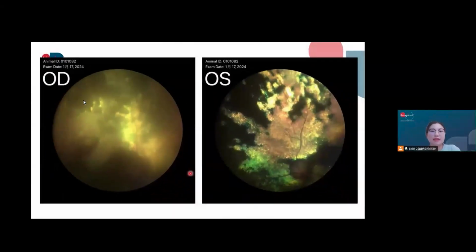We also did the fundus examination this time. We found extensive pigmentation in both fundi, and the whole fundus of the right eye looked cloudy.